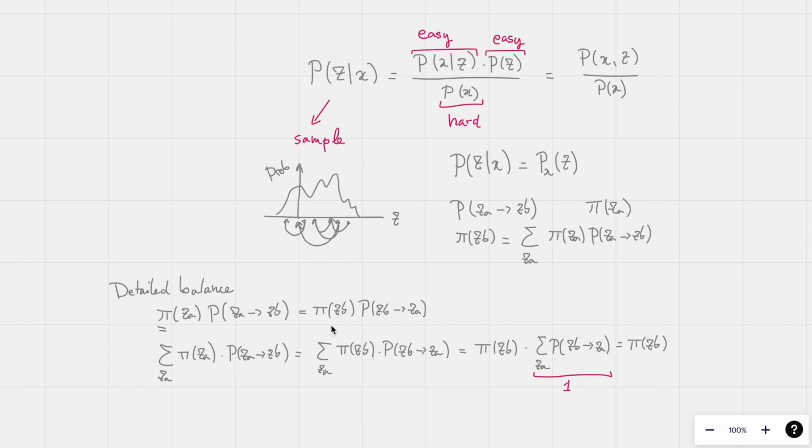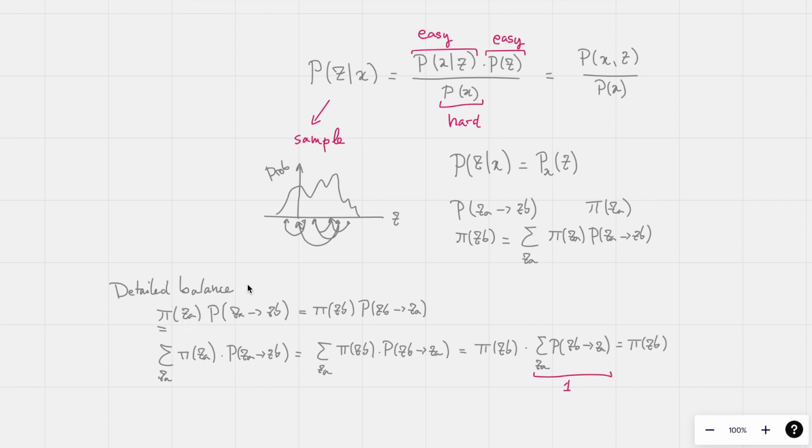So you see that if a particular jumping process here satisfies that condition, then this is a guarantee that we have pi here as the distribution we're looking for. The stationary distribution of that process will be the one we want.